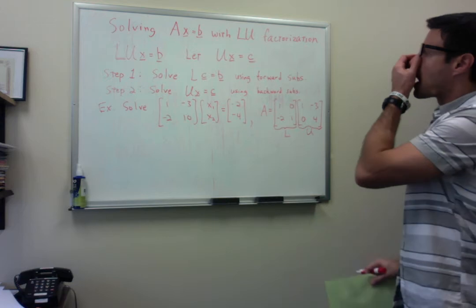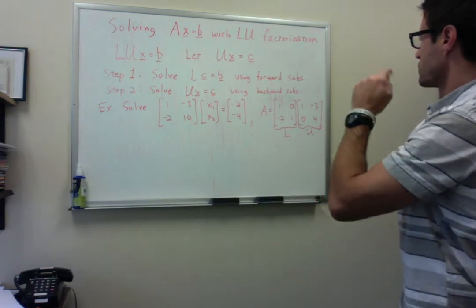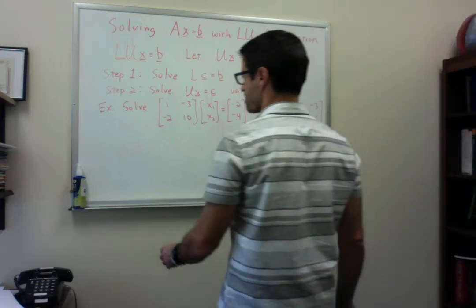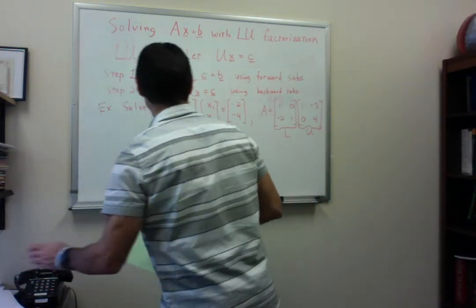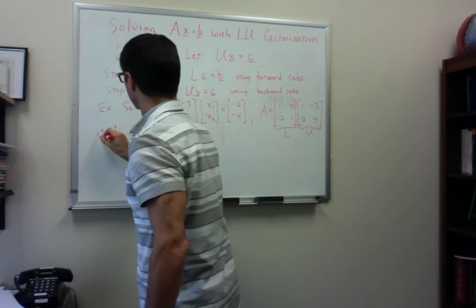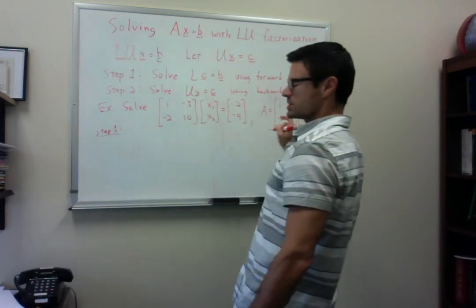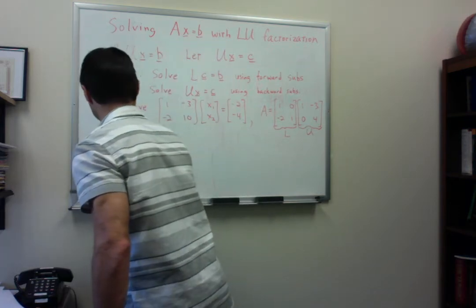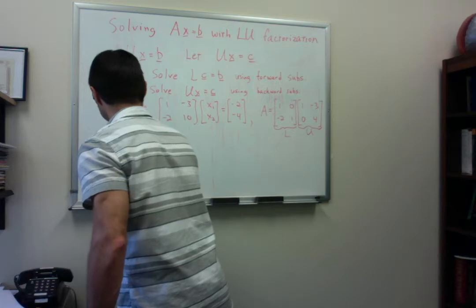So now we go to our steps. First step is to solve Lc equals B. So I'll write that down. So step one. So L is here. C is unknown.